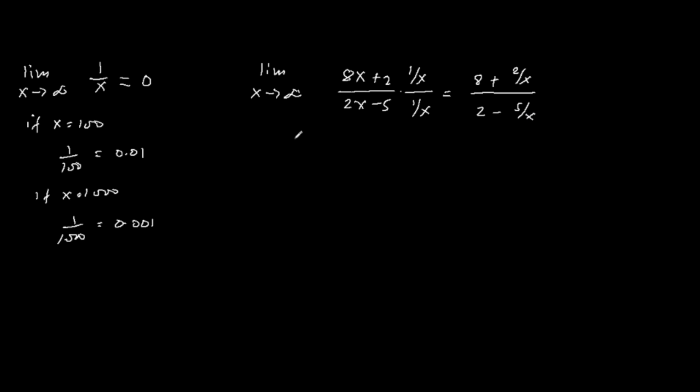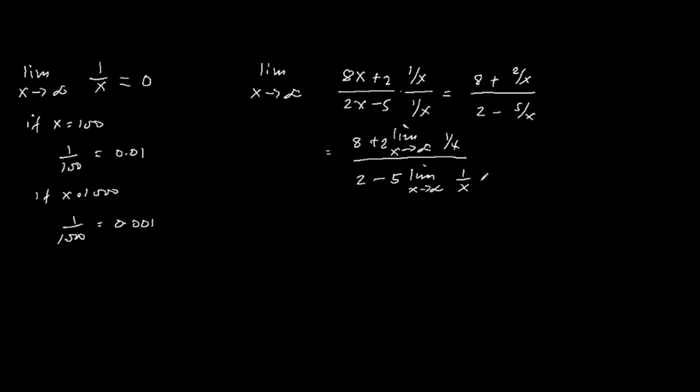Then, based on the limit, 8 plus the limit as x approaches infinity, we take out the 2, so 2 times the limit as x approaches infinity of 1 over x, divided by 2, the constant, minus, extract the 5, and then we put the limit as x approaches infinity of 1 over x.